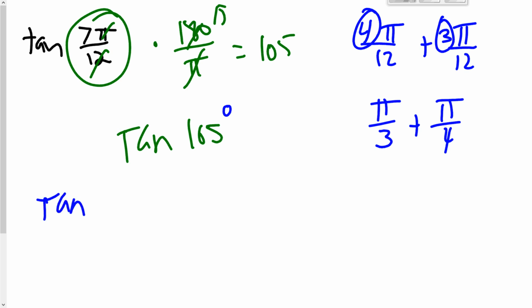So tangent of 105, we can rewrite as tangent of 60 plus 45. There's different ways that you can do that as well. You could do 135 minus 30, because 135 is a 45-degree angle, so you go off of that. But we'll go 60 and 45.